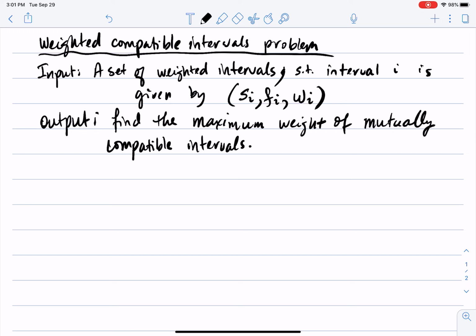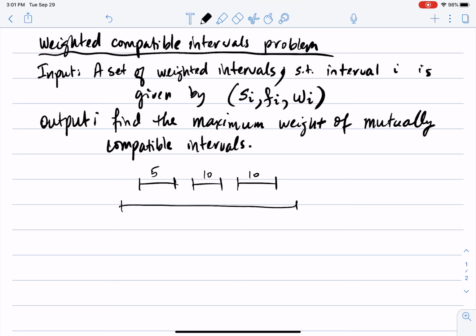So for example, suppose we look at this case here, and suppose these are the intervals and I'm showing you their overlap. If I were going after the compatible intervals problem, the solution should have the three short intervals. But imagine that the weight of the first short one is 5, the weight of the second is 10, and the weight of the third is 10 as well.